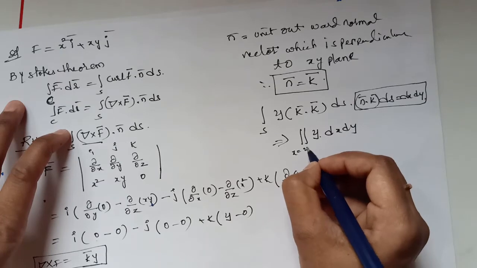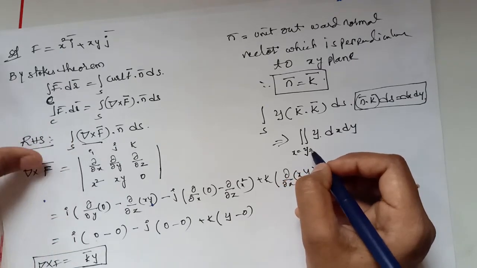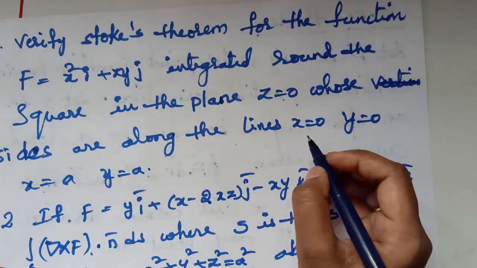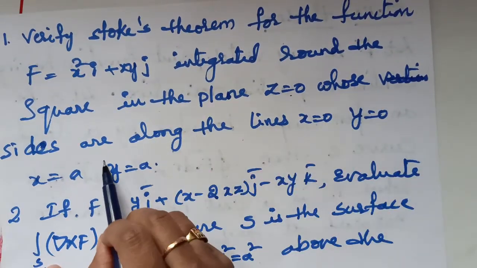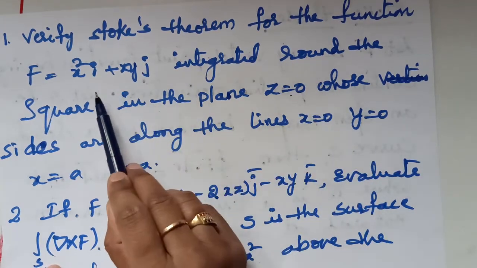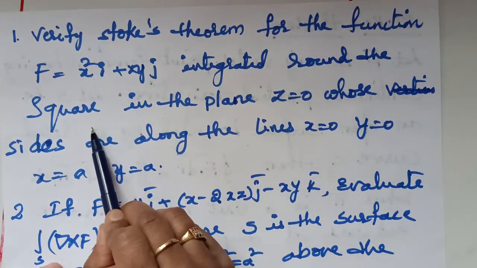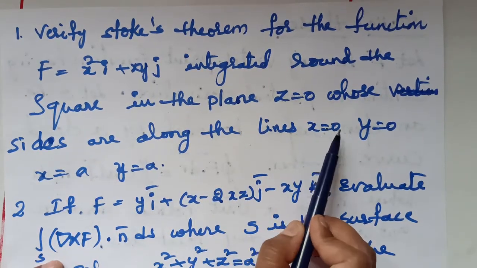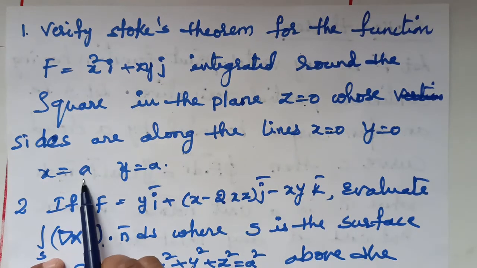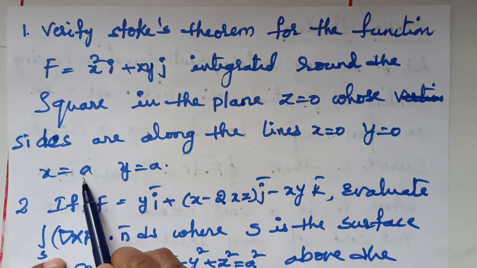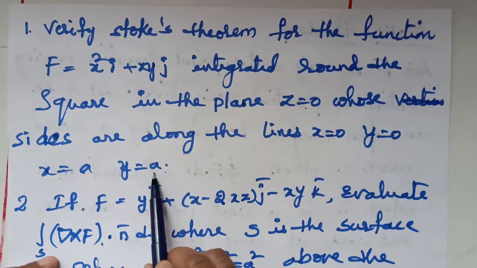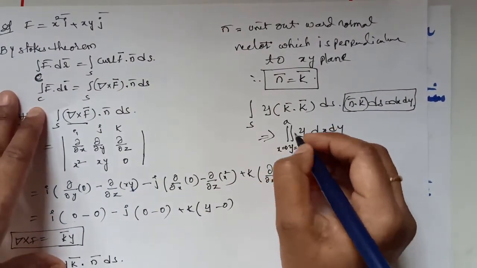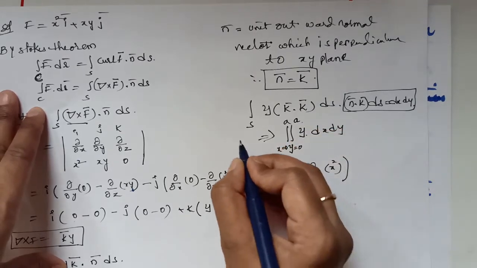We should write down the limits for x and y. From where do we get the limits? From the given problem, you have to integrate around the square. You should form a square with these vertices. Here x takes values from the minimum value 0 up to a, so x limits are from 0 to a and y limits are from 0 to a. Integrate this.